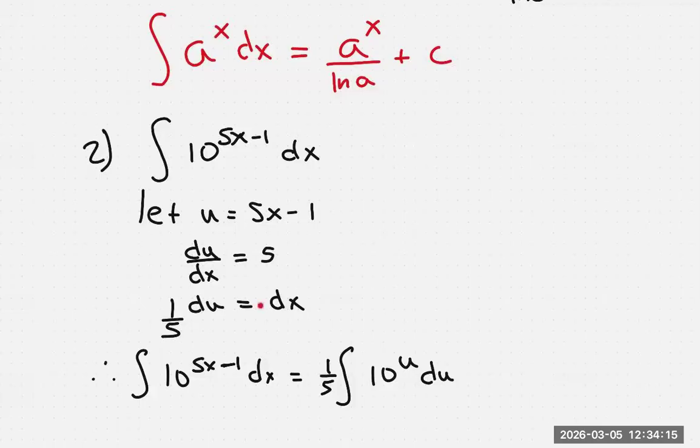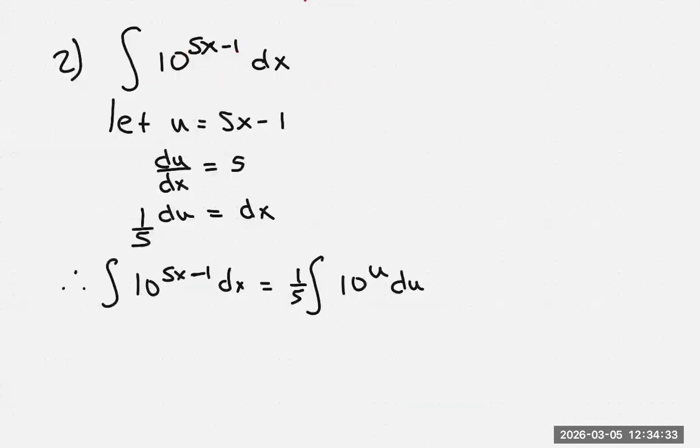Everything is taken care of: 10 to the 5x minus 1 is 10 to the u, and dx is 1/5 du. You can integrate that easily based on the rule. It's 10 to the u over ln 10.